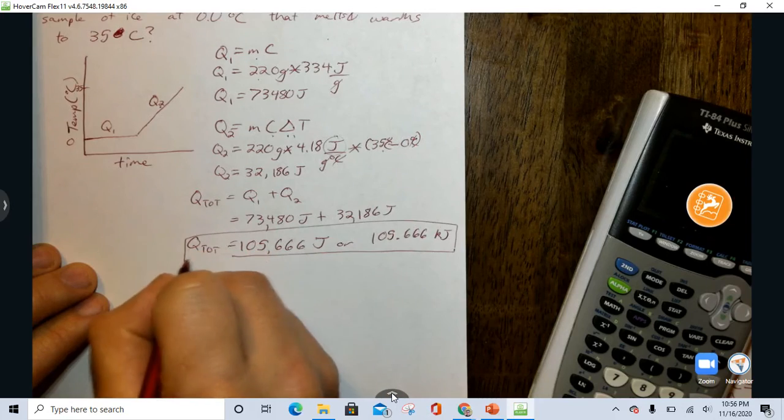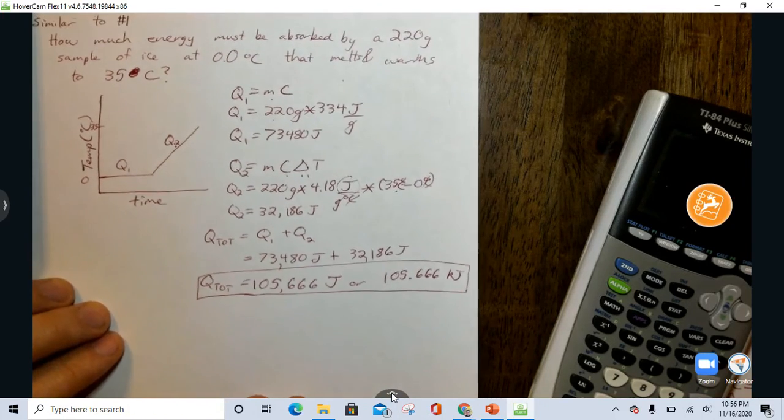Either one of those would be a perfect answer to this problem. All right.